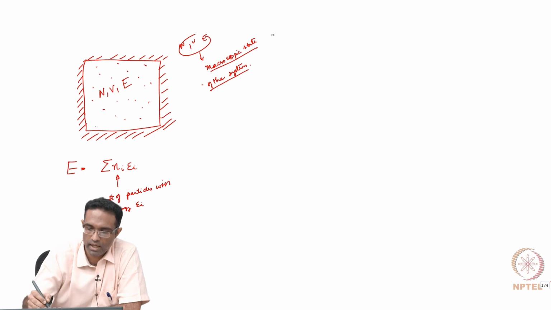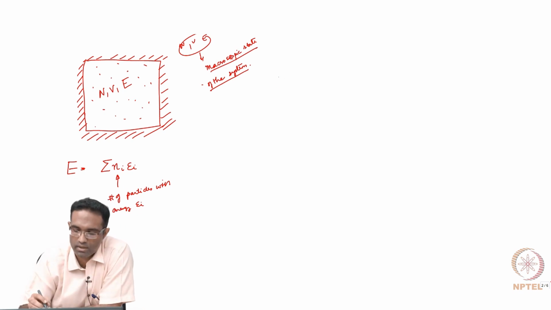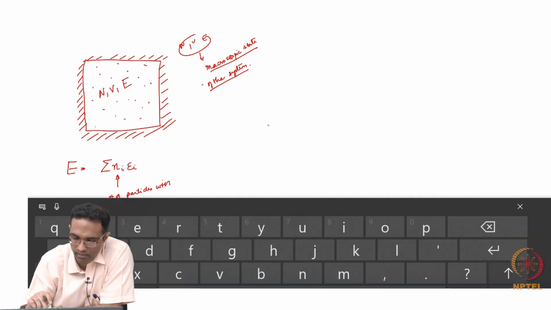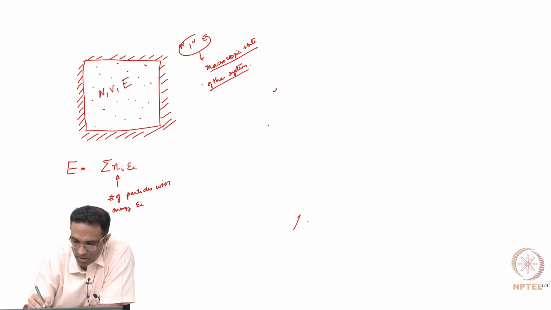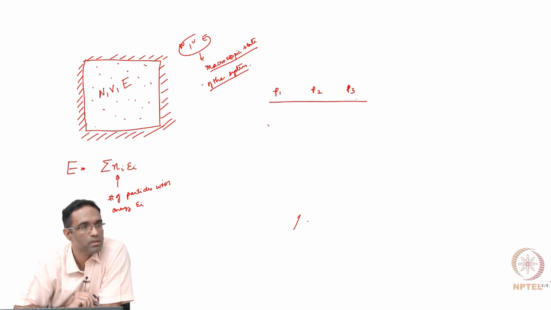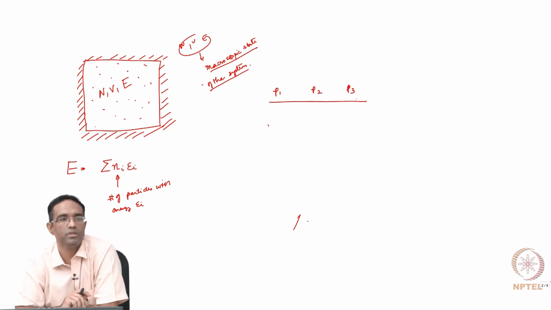So in order to illustrate this, let me take an example just to see what this means. Let us say that the total number of particles is just 3. So P1, P2 and P3 are the particles. They are identical in every aspect, but I can distinguish them.